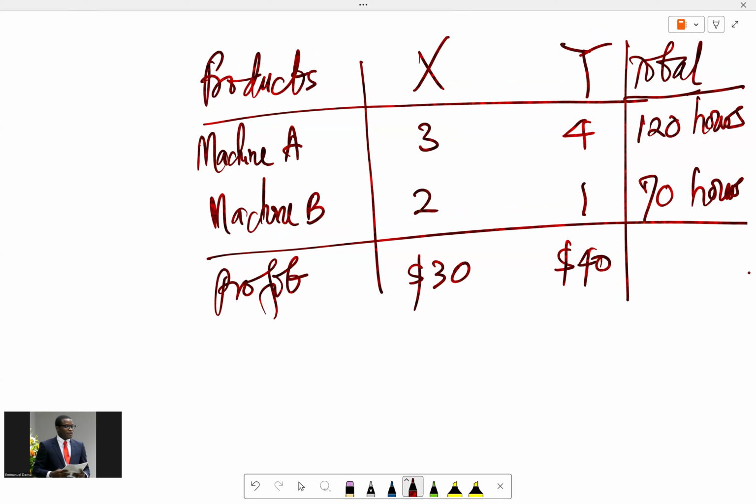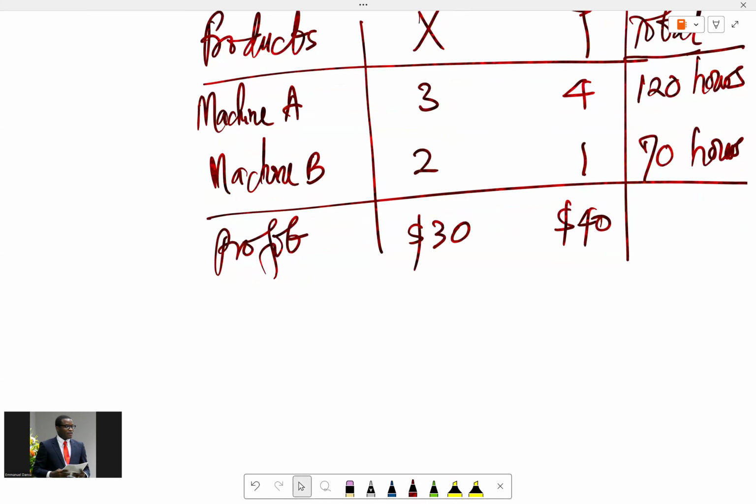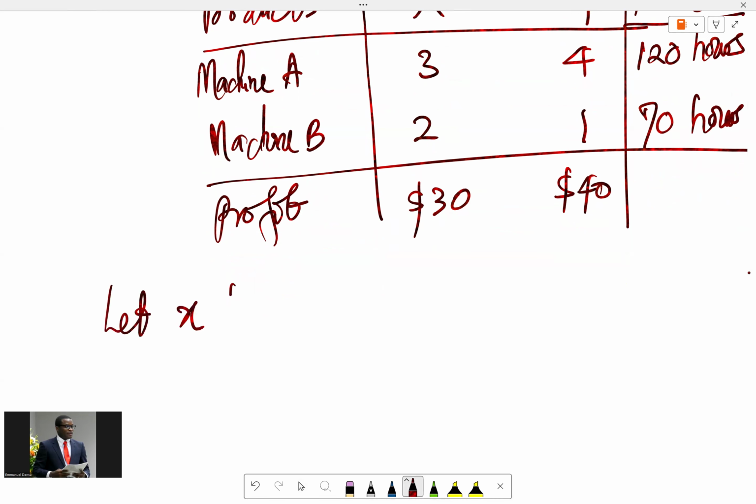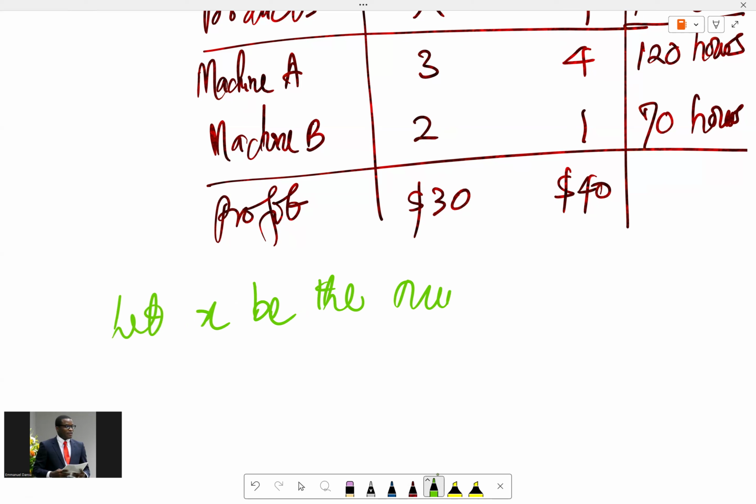So how do we know the variables to use here? We are talking about units of each product. So straight up, let X be the number of products X produced.